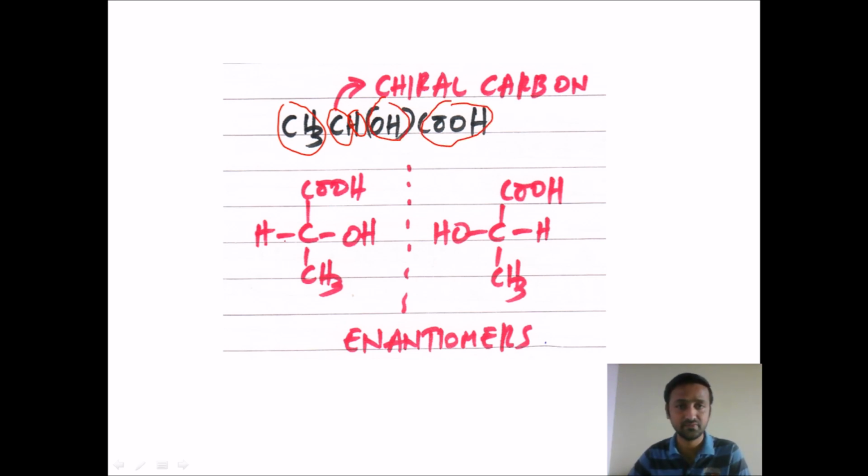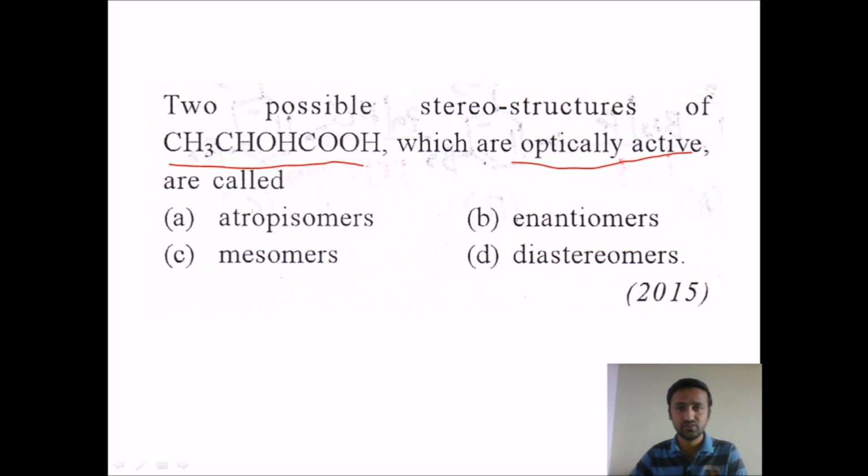If it has one chiral carbon atom, it should have two structures. There should be an object and its mirror image, and two structures which are related as non-superimposable mirror images are said to be enantiomers. So the right answer for this question is enantiomers.